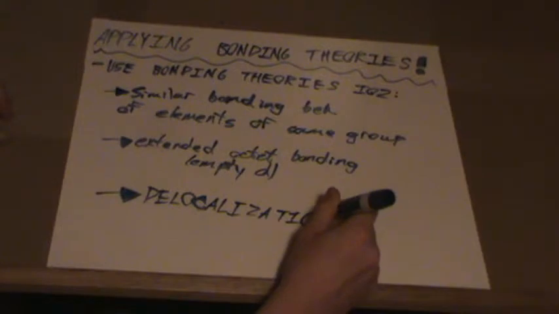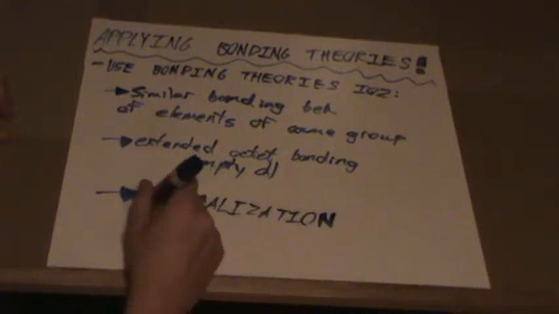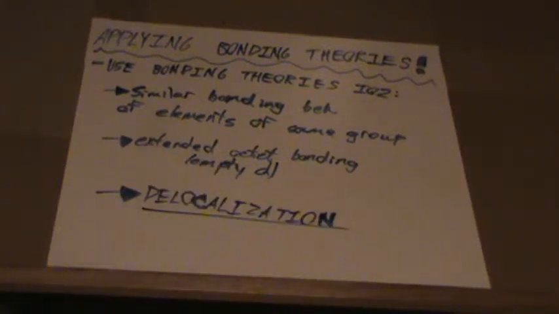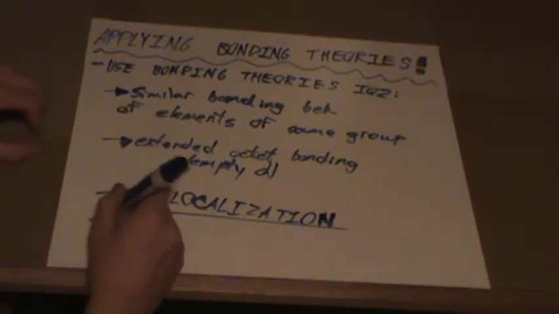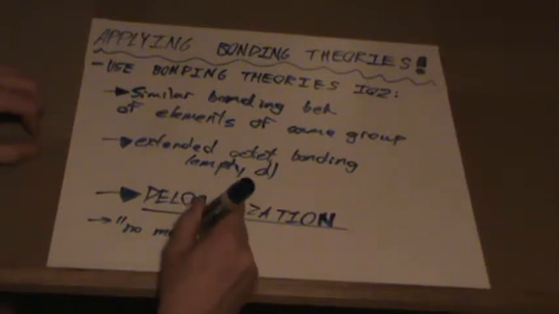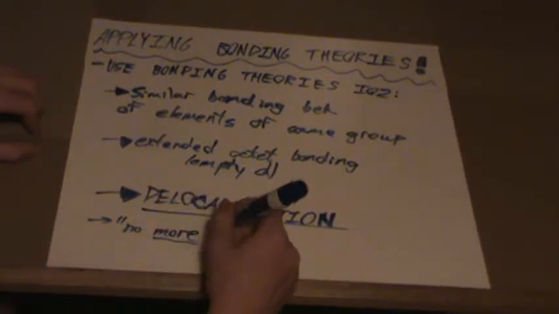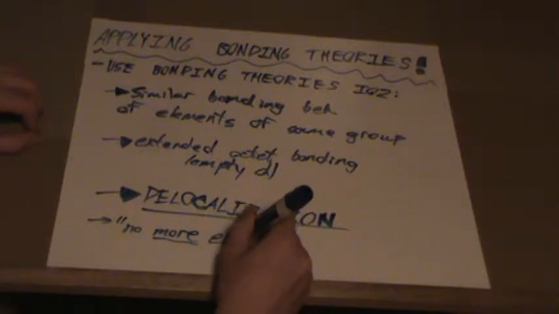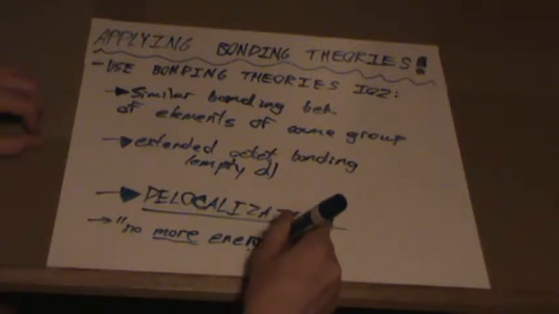Because as we know, we've talked about this idea in a Lewis theory context, in which we would say there's no more energetically favorable state of bonding. More is a very important word here.